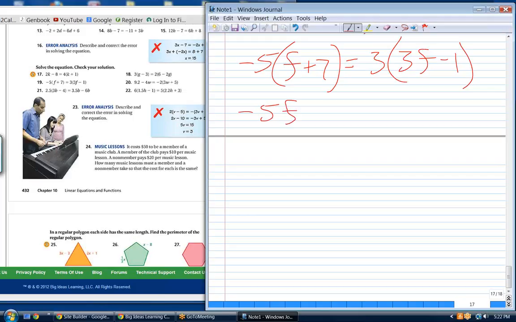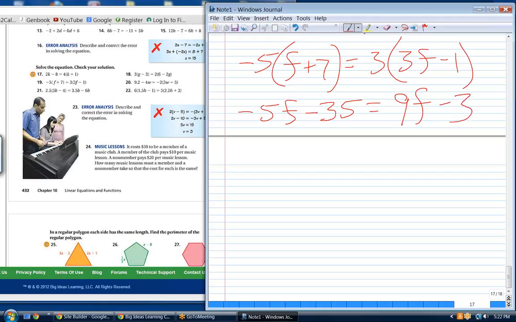Hold on. Oh, my bad. You multiply. 3 plus negative 35 equals? Just minus 35. Let's not put that extra plus in there if we don't need it. Okay? Equals 9f minus 3.